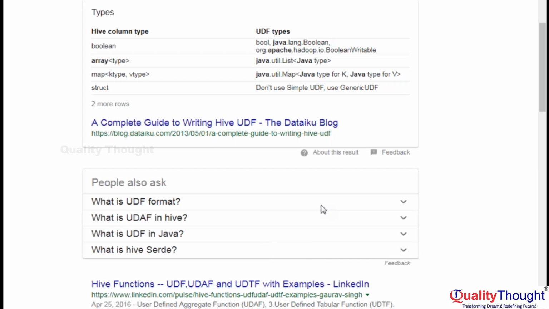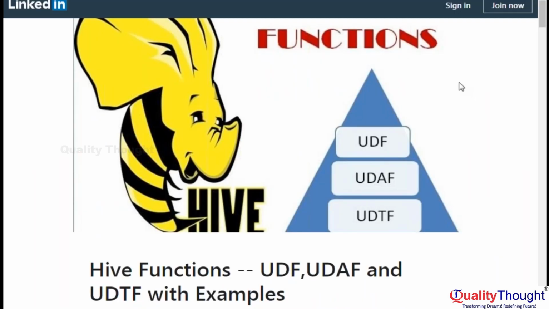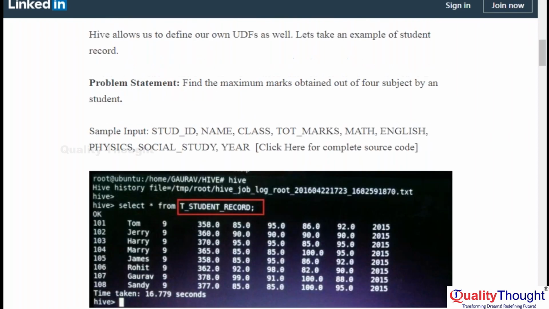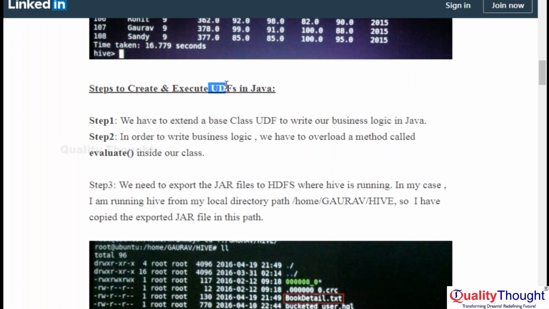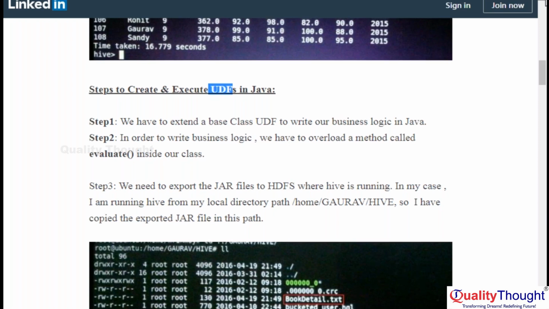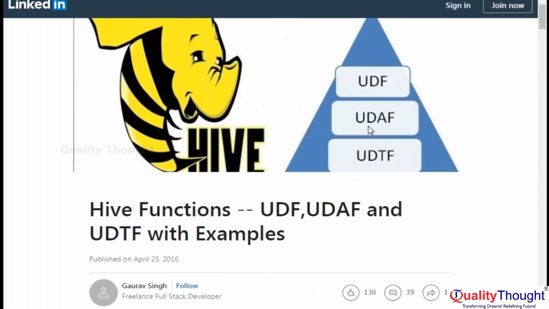Go to this documentation and understand what is UDF, what is UDAF, what is UDTF. They have given complete documentation. Once you understand UDF, try to do R&D on what is UDF, UDAF, and UDTF.